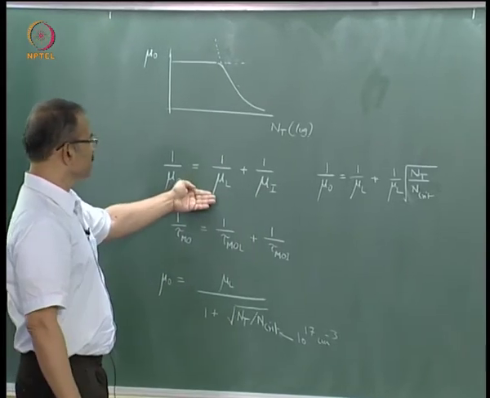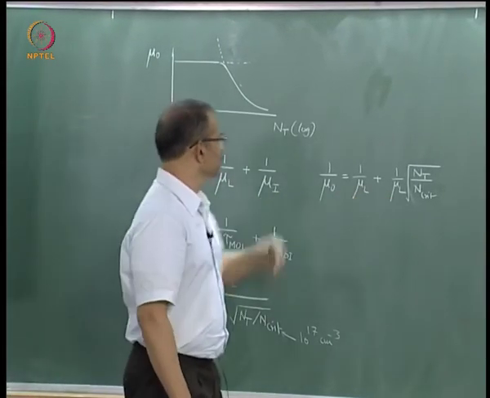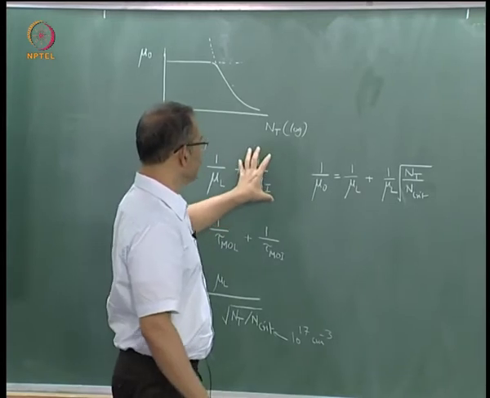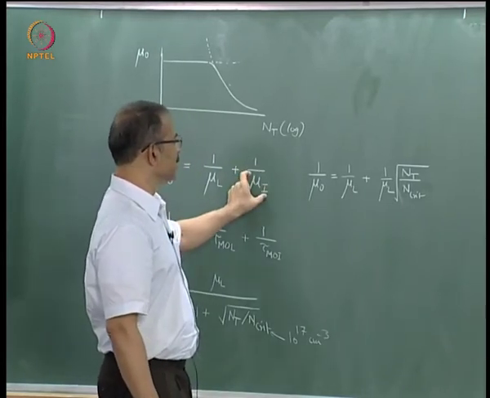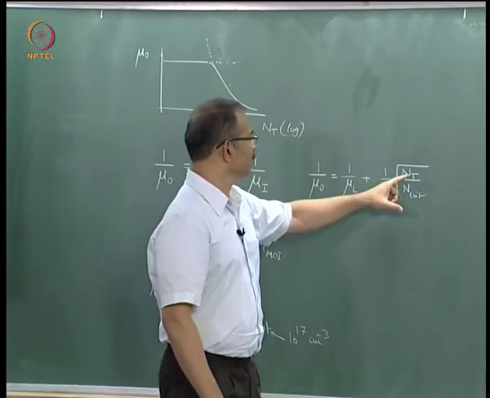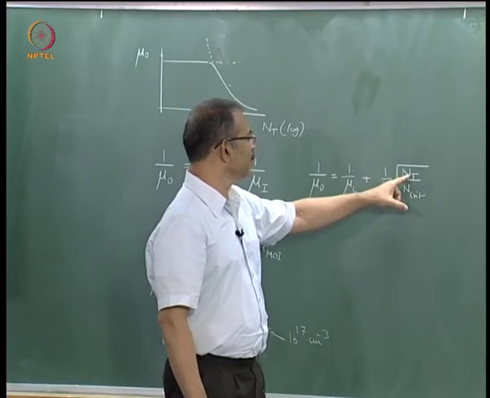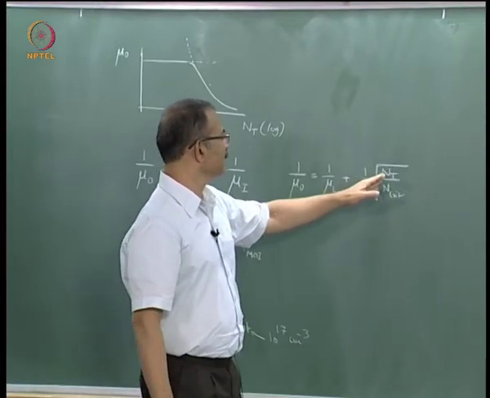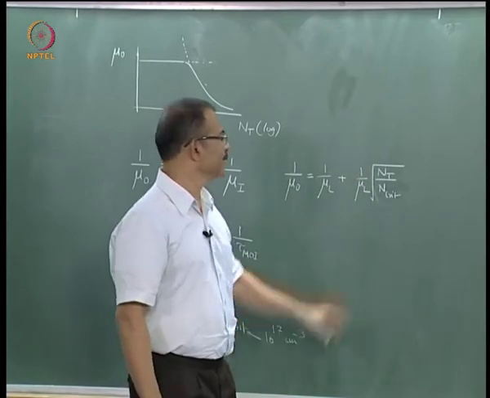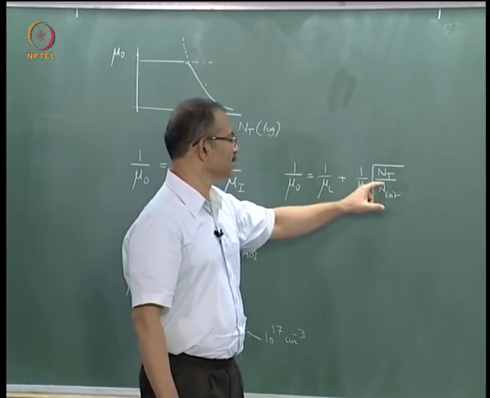Now you compare this formula and this formula. So what you find is we have written an expression for ionized impurity scattering. So we have said the ionized impurity scattering goes on increasing as square root of Nt, and then this is nothing but a constant.